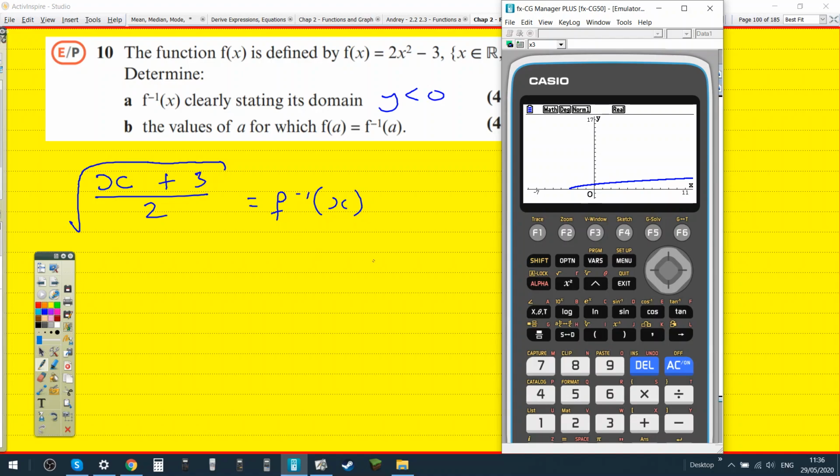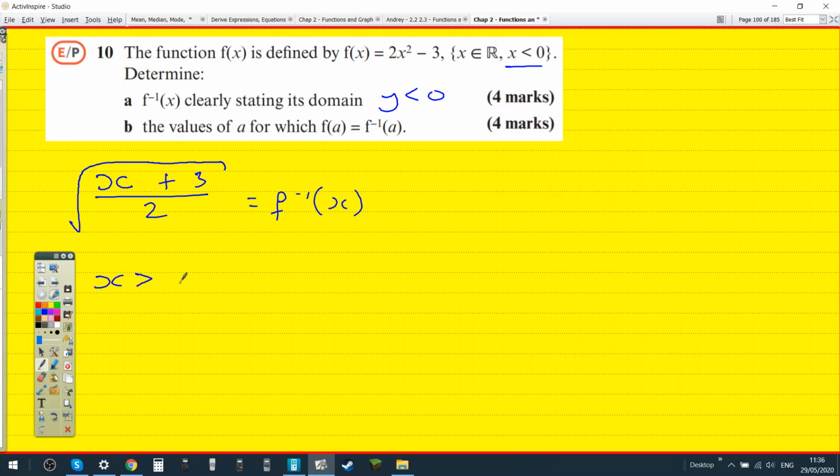Okay, what's the domain? Will the domain be x is greater than or equal to minus 3?